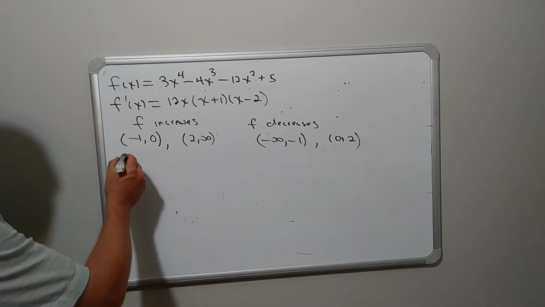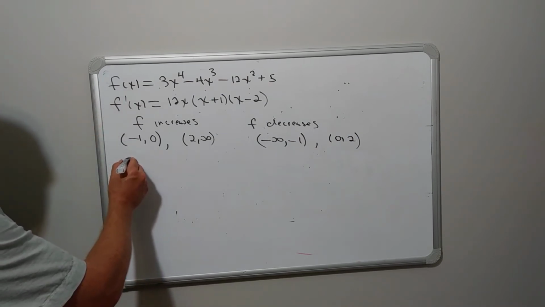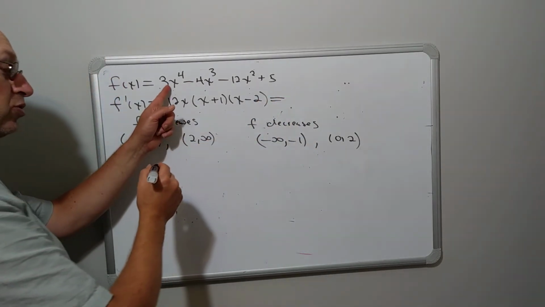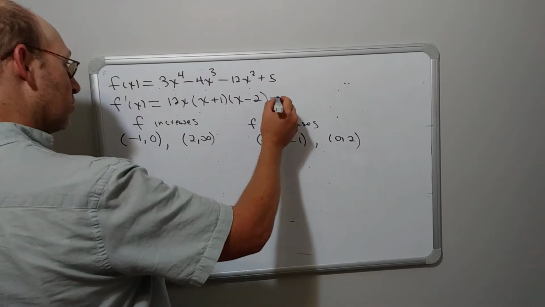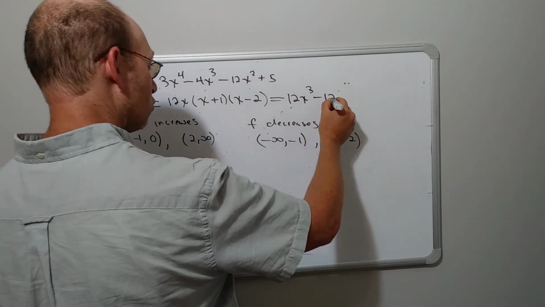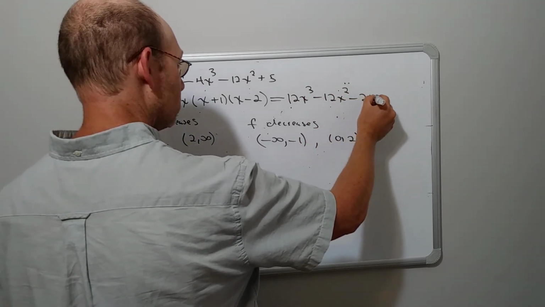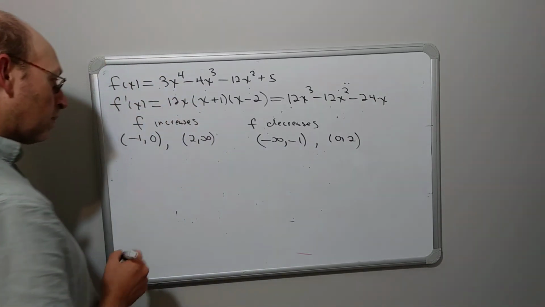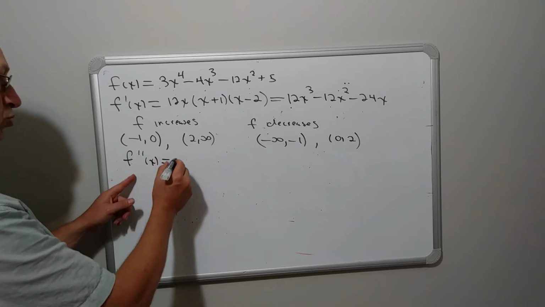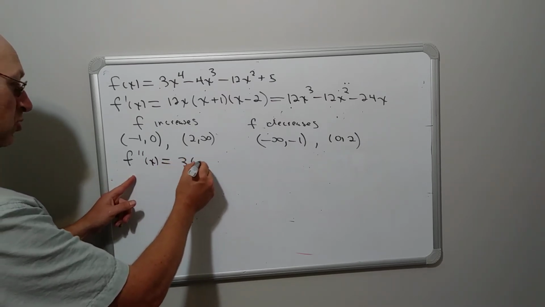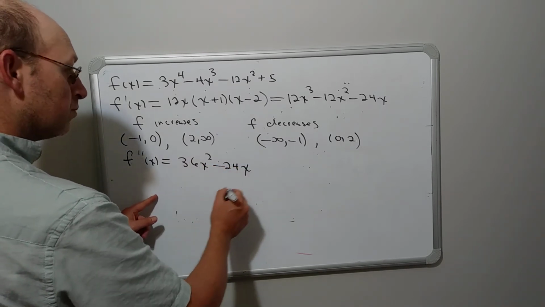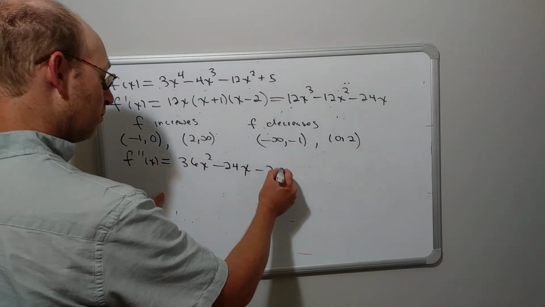So let's look at the second derivative now. You can't take the second derivative from here. You're better off going back to the unfactored form. So let's rewrite this first derivative: 12x cubed minus 12x squared minus 24x. So the second derivative is equal to 36x squared minus 24x minus 24.